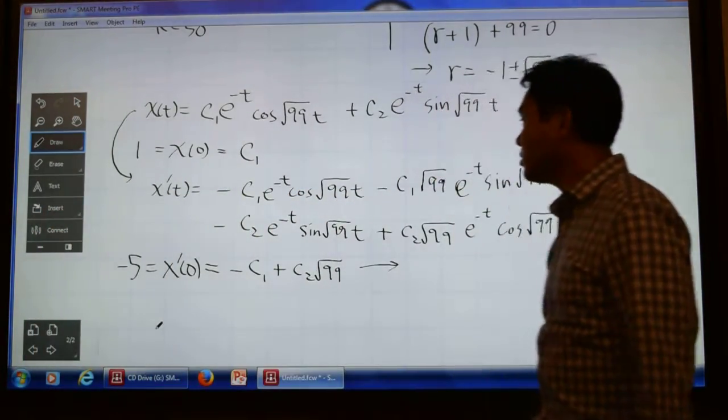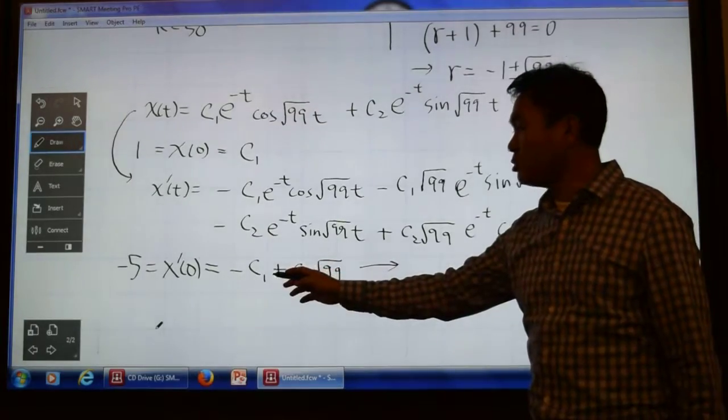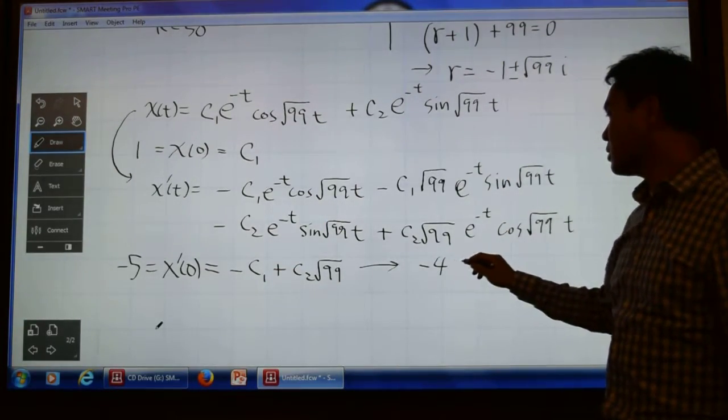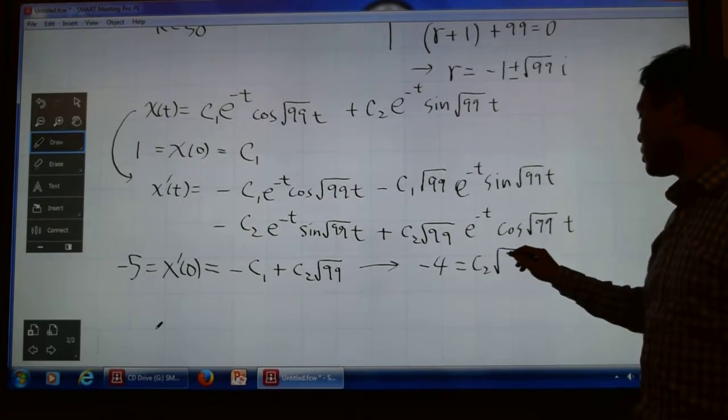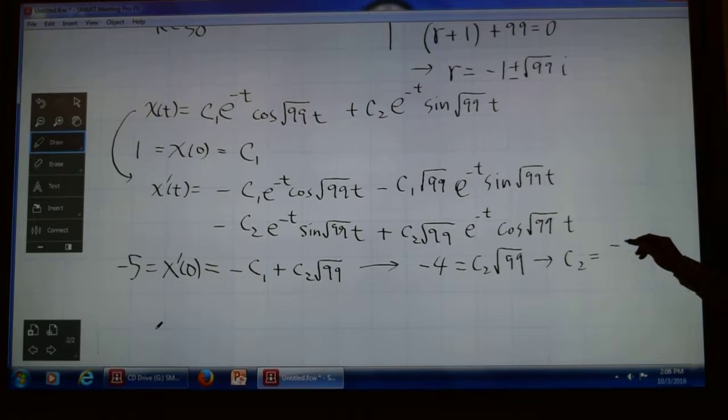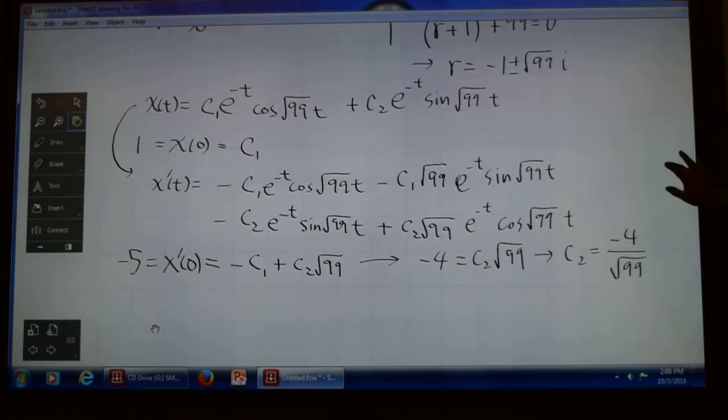And because I know that c1 is equal to 1, if I move this negative 1 to the other side, I get negative 4 equals c2 times square root of 99. And that will give me c2 equals negative 4 over square root of 99. Okay.